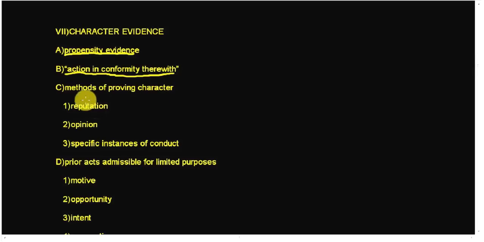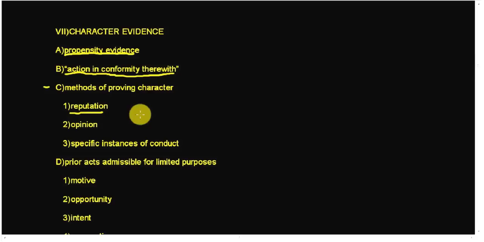Alright, so let's go over the methods of proving character. There are 3 acceptable ways of demonstrating a witness's character trait. 1. Reputation. This method is used mostly on direct examination, but it can be used on cross-examination as well.